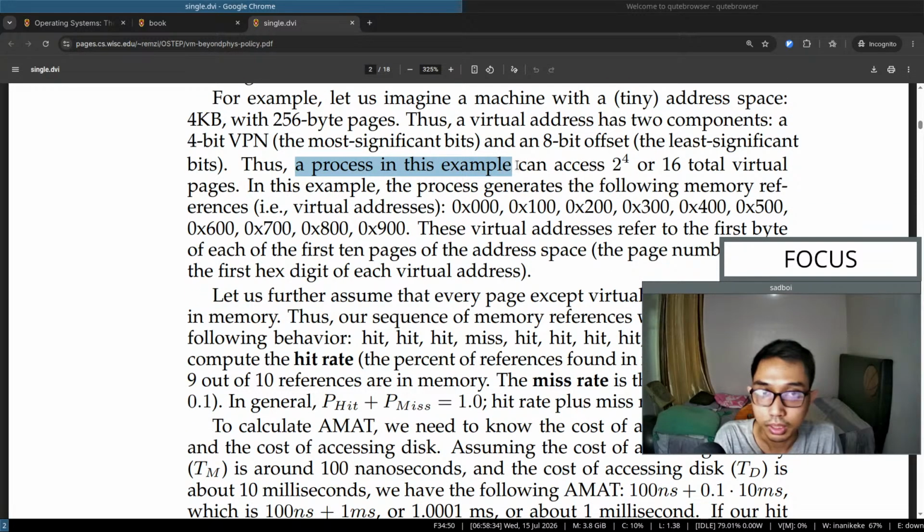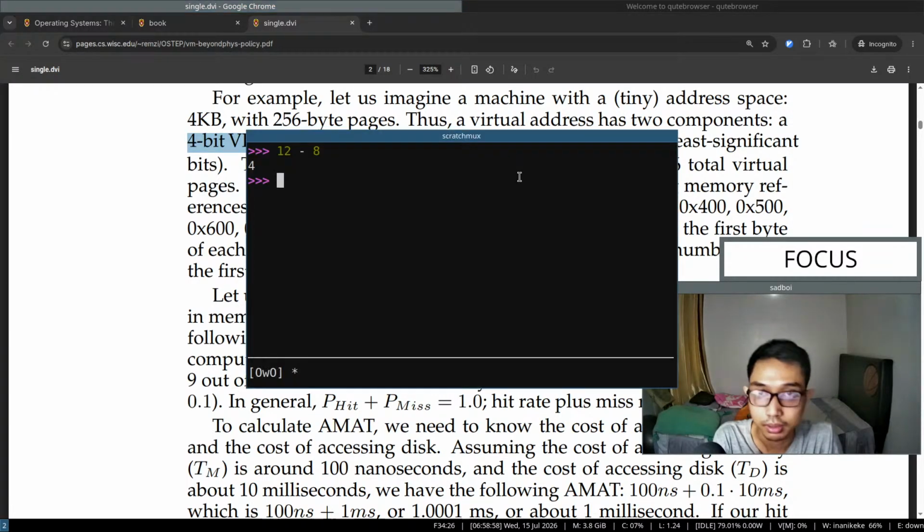Thus a process in this example can access 2 power 4 or 16 total virtual pages. Again, 4 is from the 4-bit virtual page number.